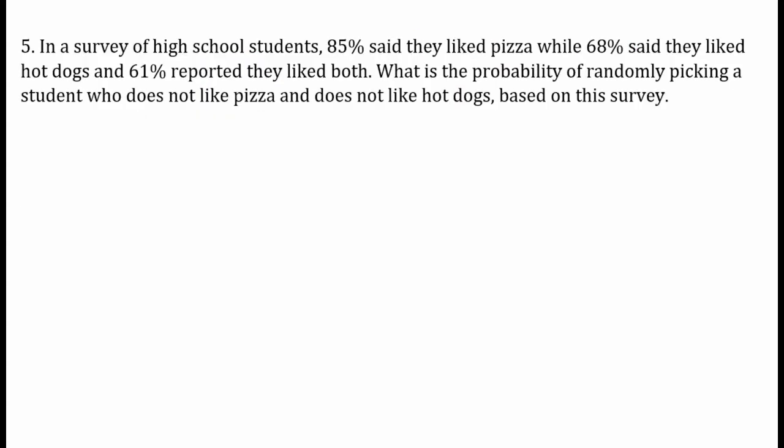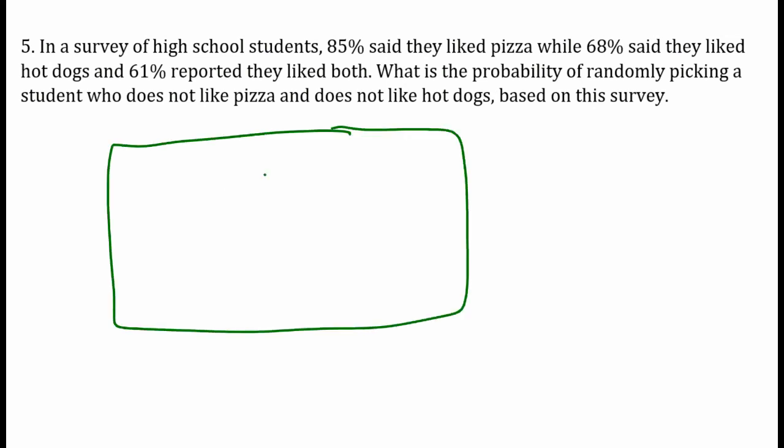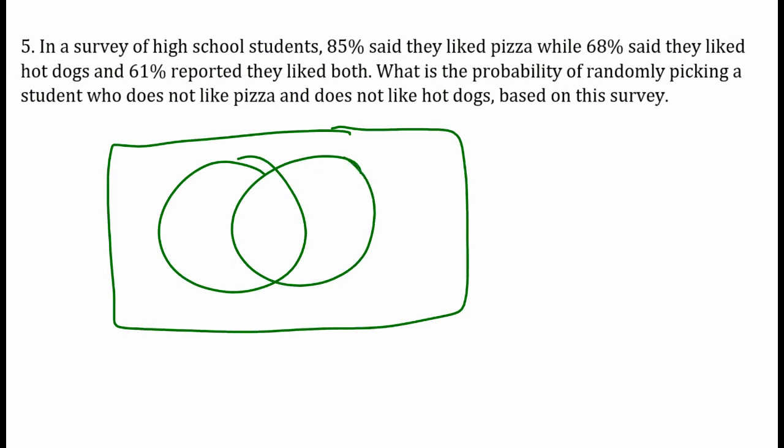Number 5, in a survey of high school students, 85% said they like pizza, while 68% said they like hot dogs, and 61% reported they like both. What is the probability of randomly picking a student who does not like pizza and does not like hot dogs based on this survey? Whenever I see that type of setup, I'm going to make a Venn diagram where we have pizza, we have hot dogs.